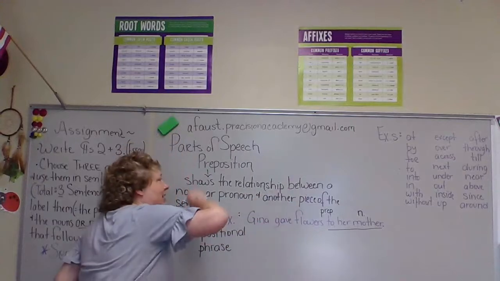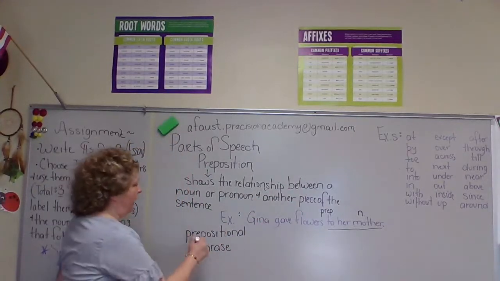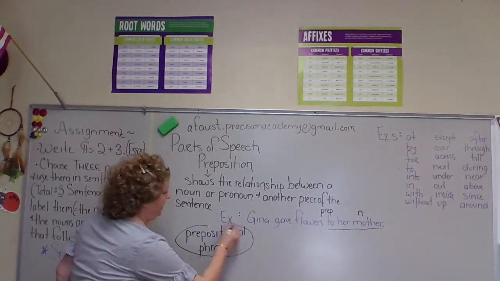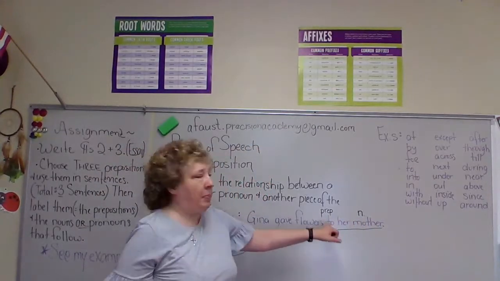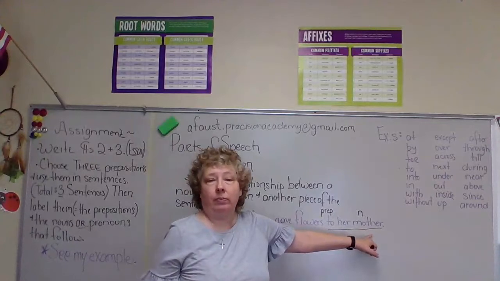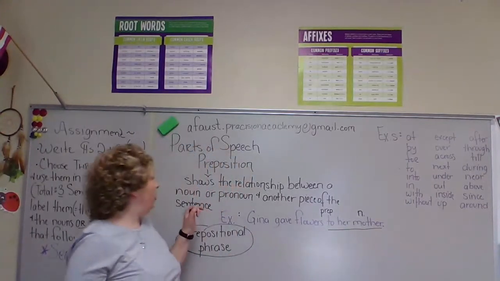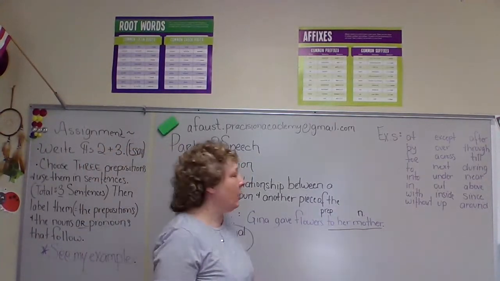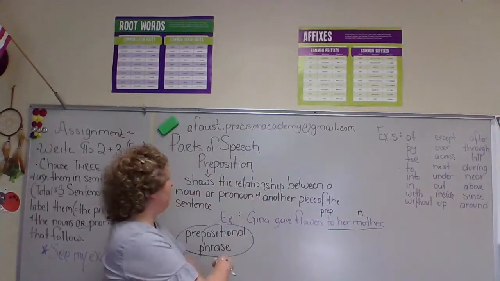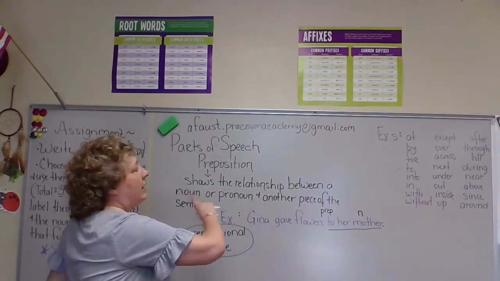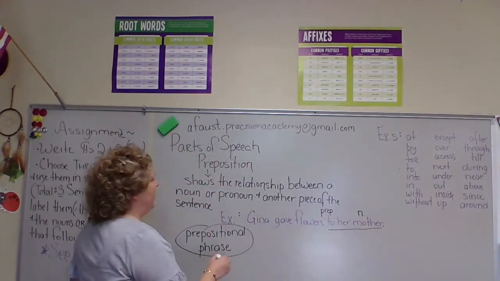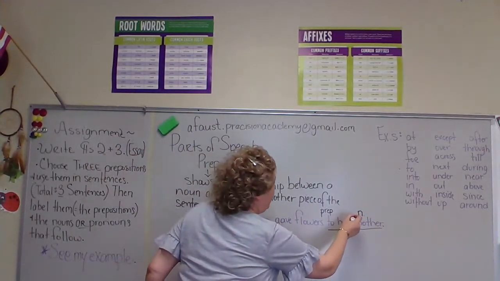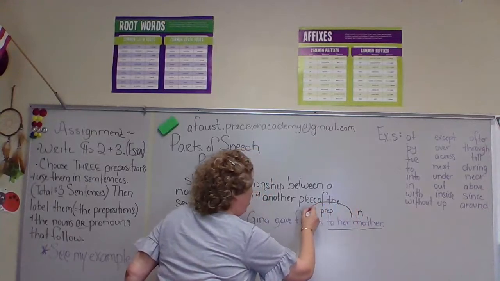But in order to figure out this definition, you've got to go here. You got to find this. So now we did. So we've got to her mother, the preposition and the noun or pronoun. Here it's a noun. So what this definition is saying, the relationship between the noun, this whole phrase, and another piece of the sentence. So it's the relationship of this to this.